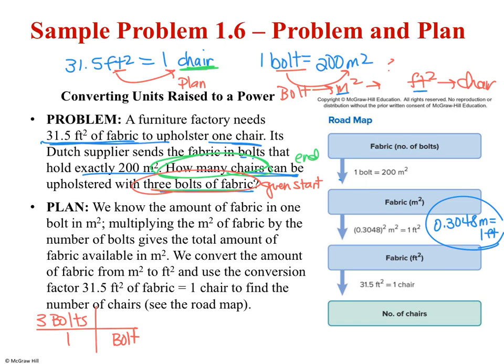So what you have to do when you get a conversion factor like this is you have to square the number, and you also have to square the unit. Sometimes you cube these things. So that's what they're doing here. So you're going to need to take 0.3048 times 0.3048 to get the number 0.0929.